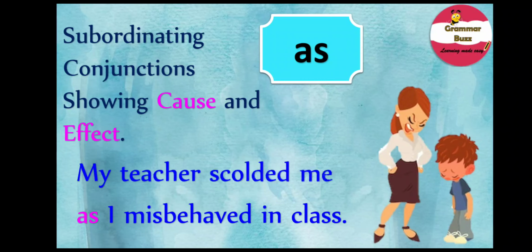So now, by joining the two sentences together with the subordinating conjunction as, we find a complete meaning. So as is a subordinating conjunction because it joins two sentences that are not of equal order, and also note that the subordinating conjunction as comes at the beginning of the dependent sentence, I misbehaved in class. Well, isn't that cool? I think surely it is.